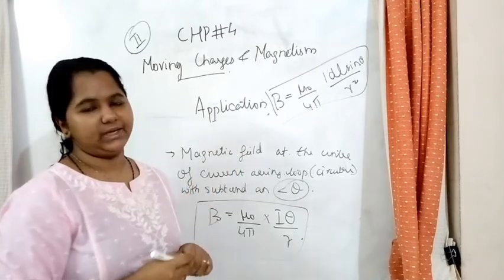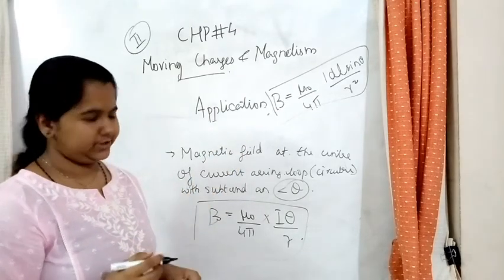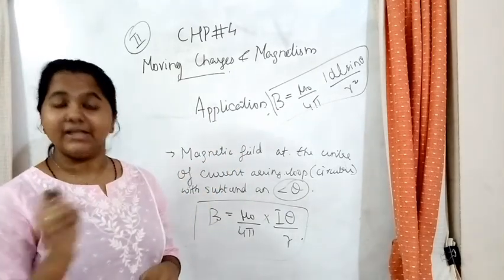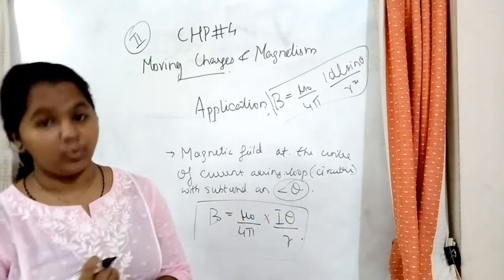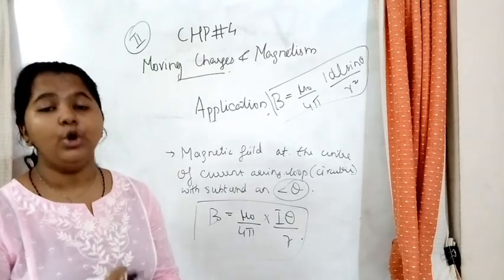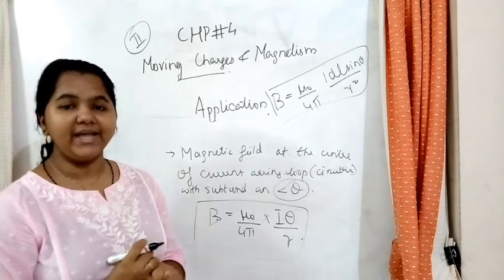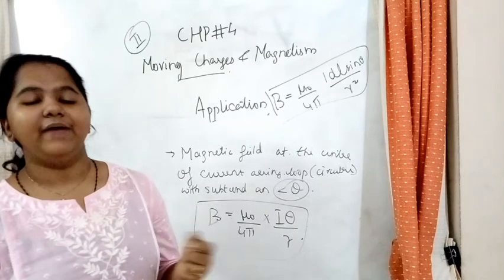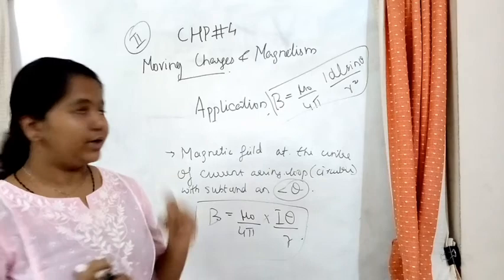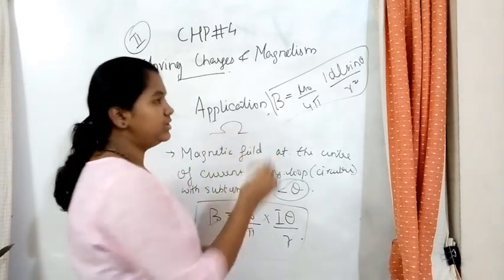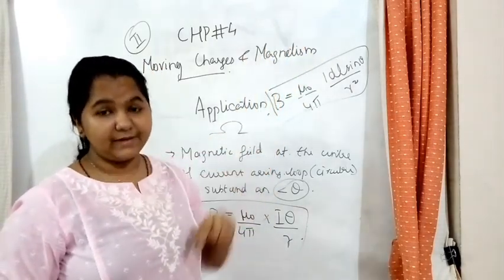These are the applications that we have to learn in this chapter. So what was the first one? That was in the case of a circular loop. What was the equation? B is equal to mu 0 I divided by, sorry, 2R. And for a semicircular loop the equation is mu 0 I divided by 4R.